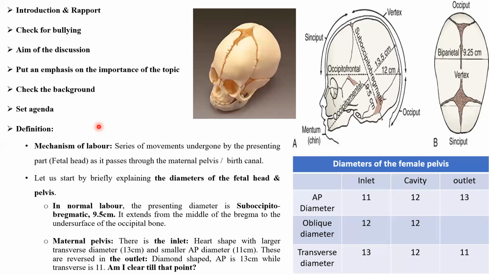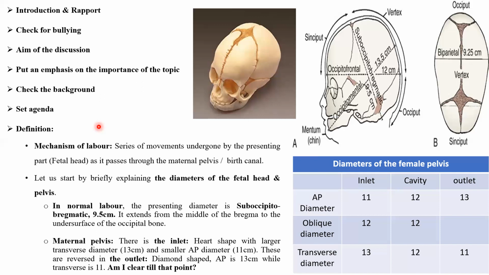Here you will encourage him. You put some emphasis on the importance of the topic. You can say, you are right, Sam. It's essential for each health professional providing antenatal or intrapartum care to understand what is the mechanism of normal labor. This will allow complication to be recognized early, and this can help to prevent serious sickness. So this is a way to put an emphasis on the importance of the topic.